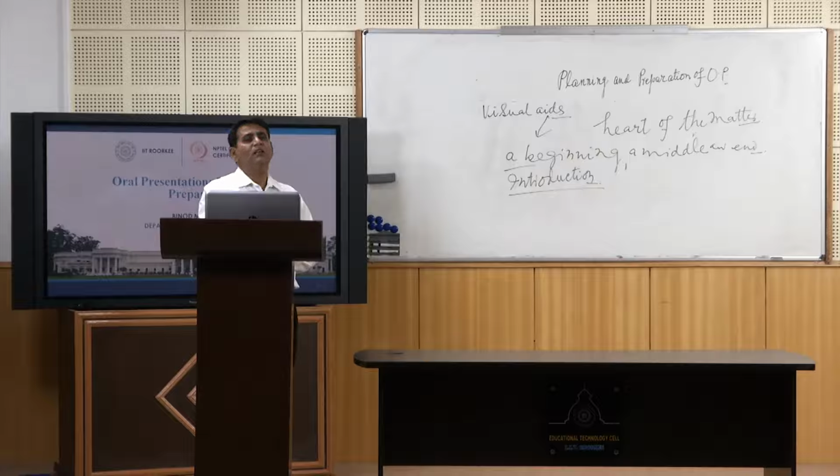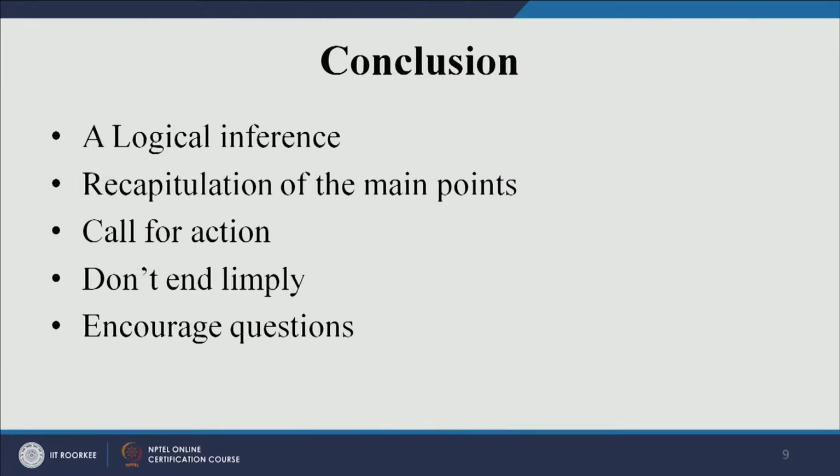And once you have done the body part of your presentation, it is not only the introduction and the body which are important, but you have one more chance, and that is the conclusive part, the end of your presentation. Now what should be there in the conclusion?